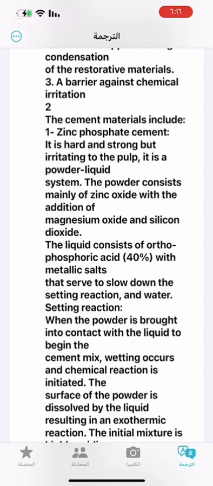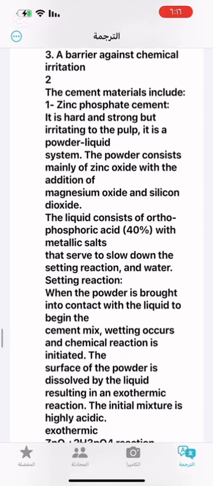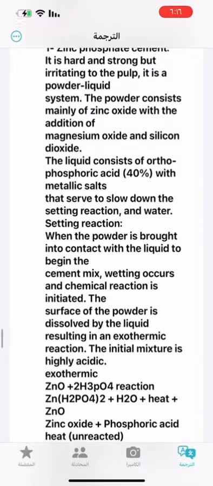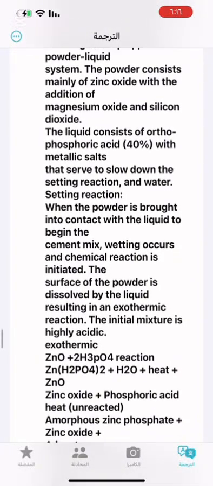Setting reaction. When the powder is brought into contact with the liquid to begin the cement mix, wetting occurs and a chemical reaction is initiated. The surface of the powder is dissolved by the liquid, resulting in an exothermic reaction. The initial mixture is highly acidic and exothermic.